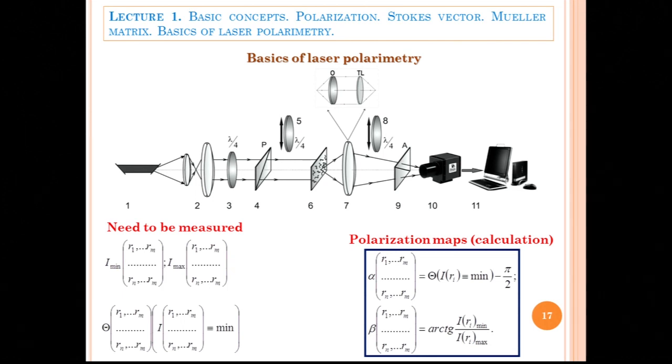That's all. So it can be done automatically. Some automatic polarimeters exist, but not with a CCD camera, rather for a single beam, with only a photodiode.